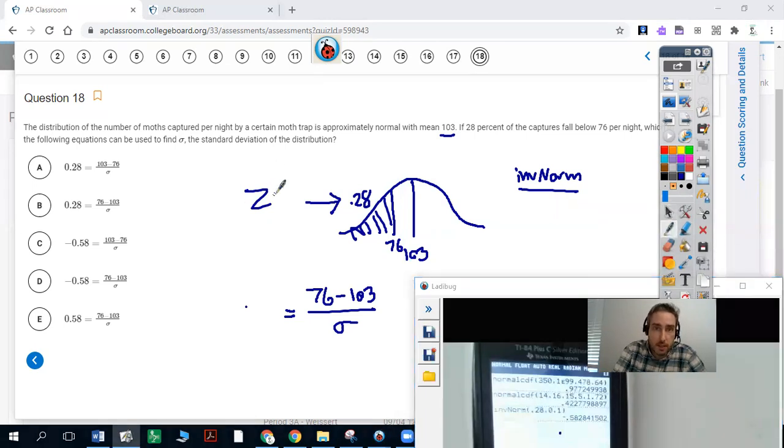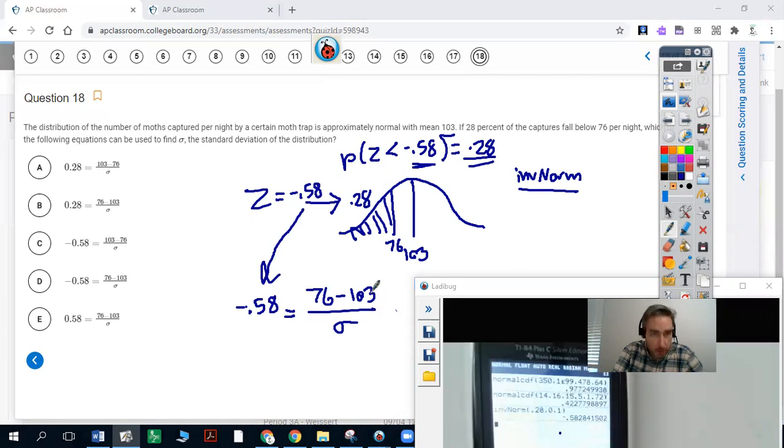So the probability that z is less than negative 0.58 is equal to that 28%. Okay, so there's your z. And solving that equation will get you your standard deviation. So it's going to be D.